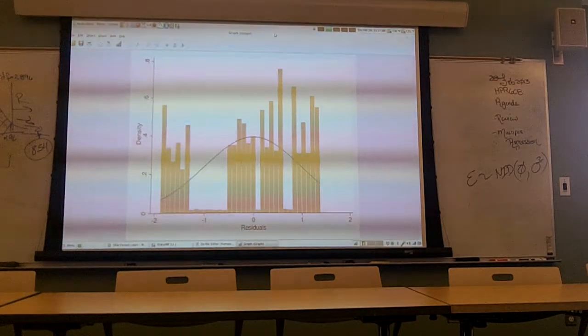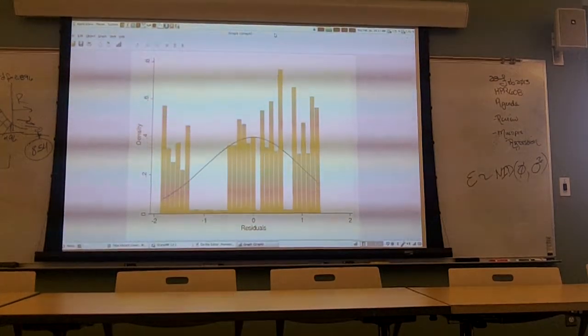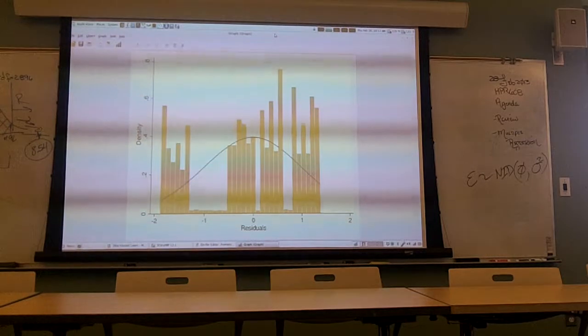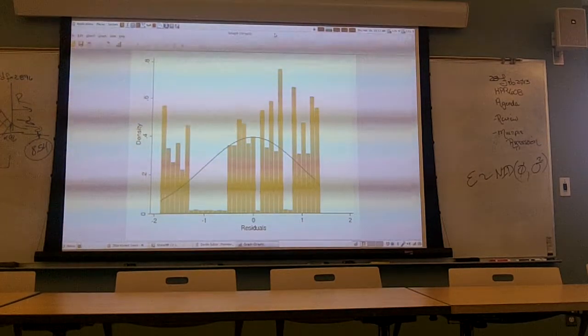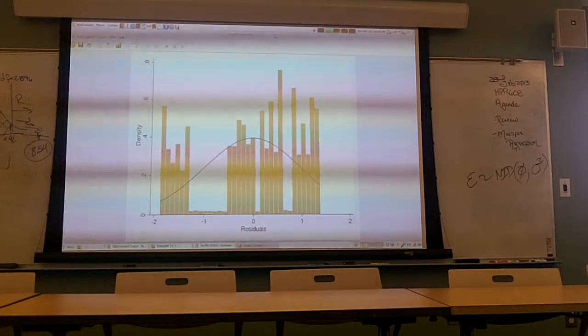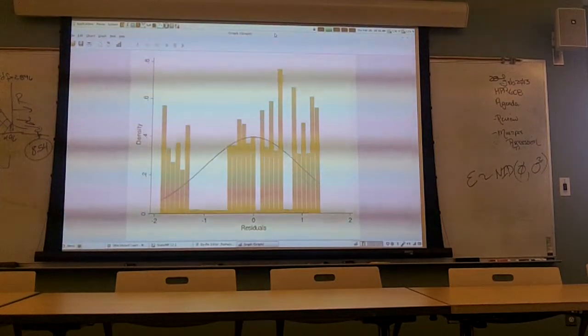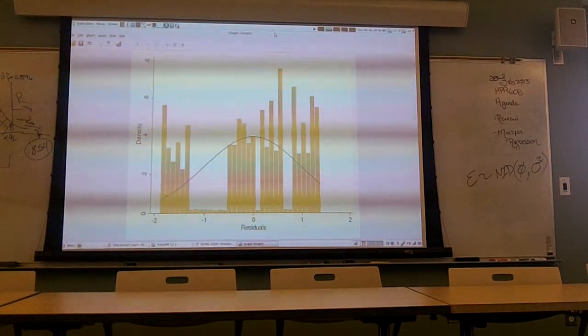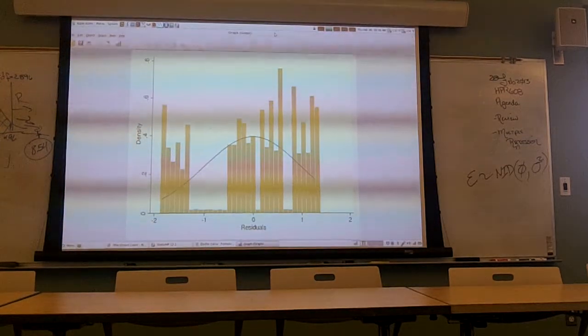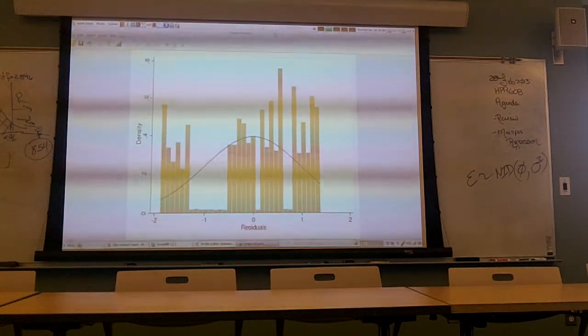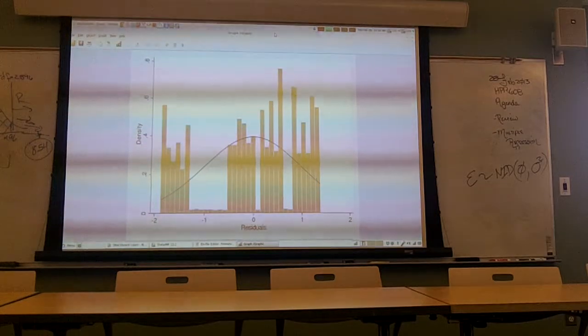You guys feeling good about your regression so far? What are the problems so far? We violated normality, we violated homoscedasticity. As we examine the assumptions, do these data appear to fit our model?